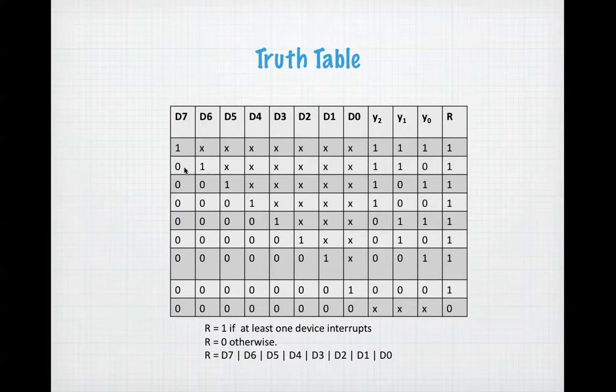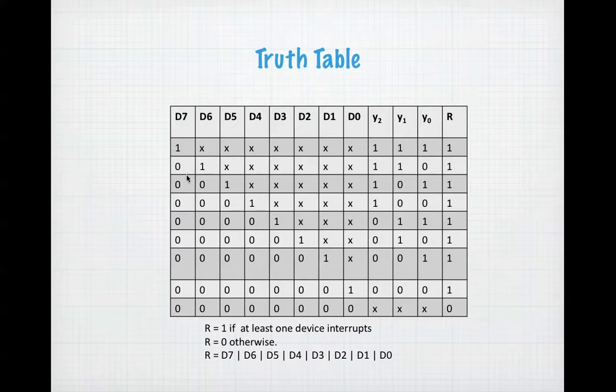In the event that the highest priority device, D7, does not make a service request, but D6 does, then regardless of all the remaining devices, D5 through D0, whatever their request status, the device ID resolves itself to 110 because it is device D6 that makes such a request when device D7 does not.